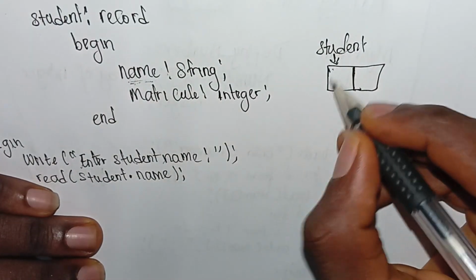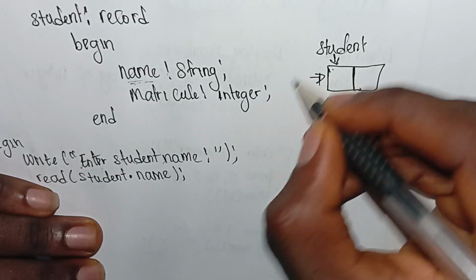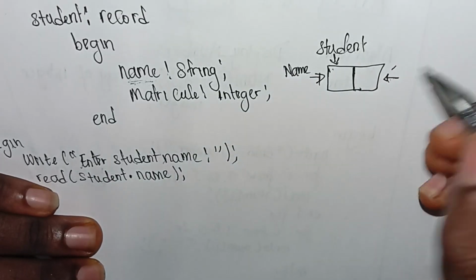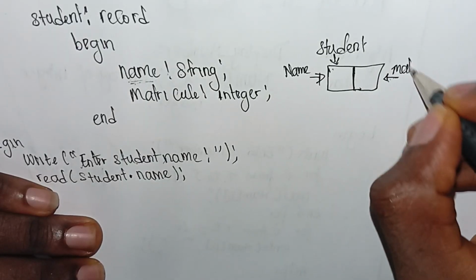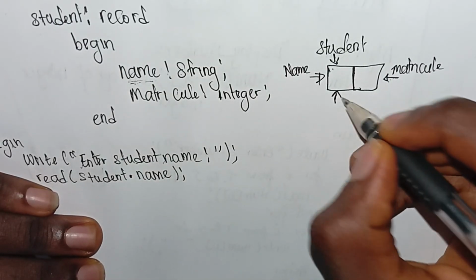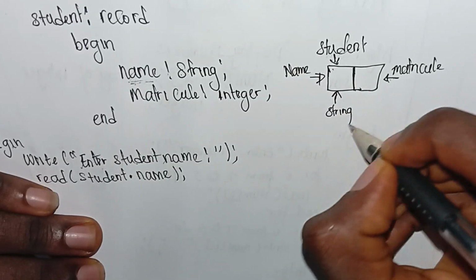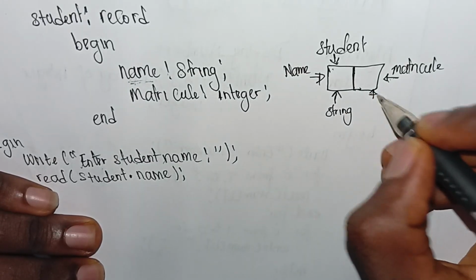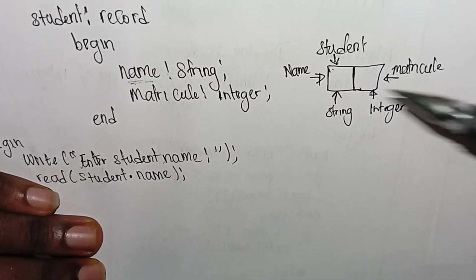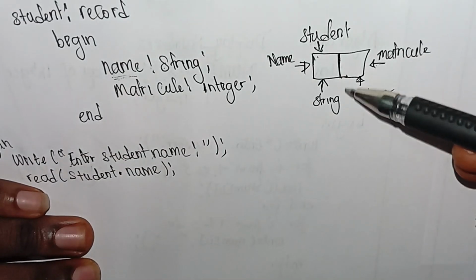The first field is the name, and the second field is the matricule. This field has data type string, and this field has data type integer. So that's simply the difference between an array and a record.